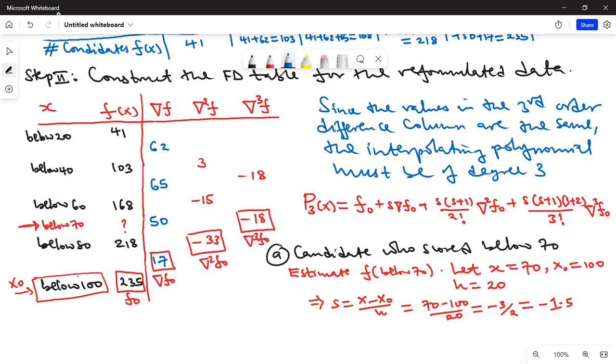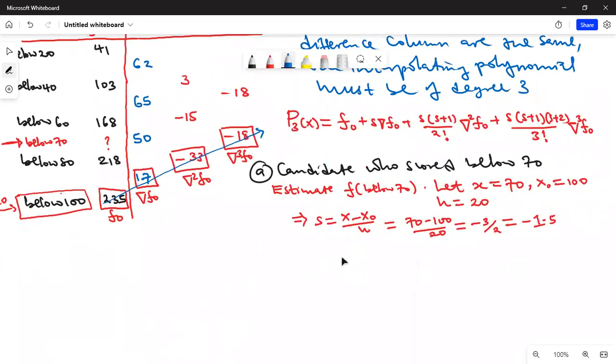Remember how we were reading the values along a line that is sloping upward when you talk of the backward difference interpolating polynomial, or simply the backward difference table. It means now we can read f naught, backward of f naught, second order backward of f naught, and third order backward of f naught from the table. And you also have your value of s, so let's substitute.